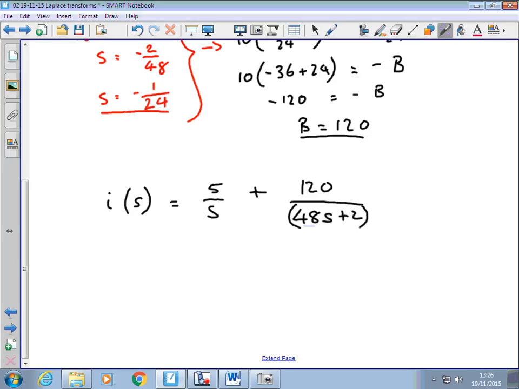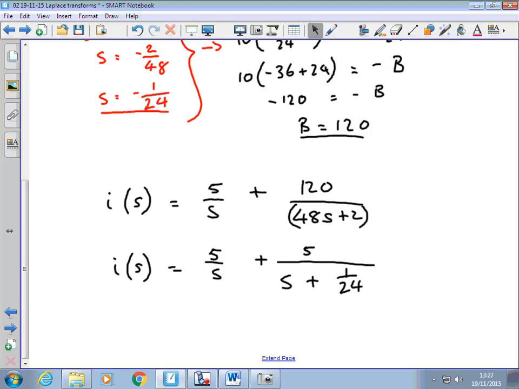It's already times by 48, so divide by 48. Divide every term, top and bottom, the 120, that and that by 48. And we'll end up with I(s) equals 5 over S plus, 48 into 120 goes 5 in my book, over S plus 1 over 24.